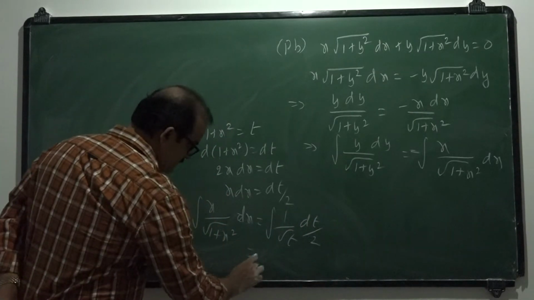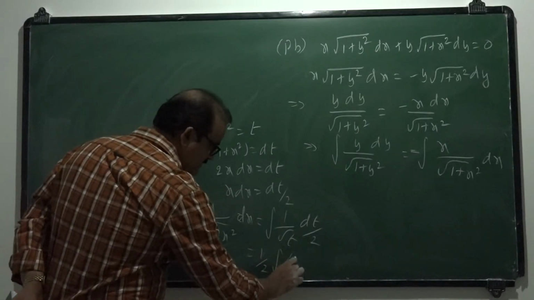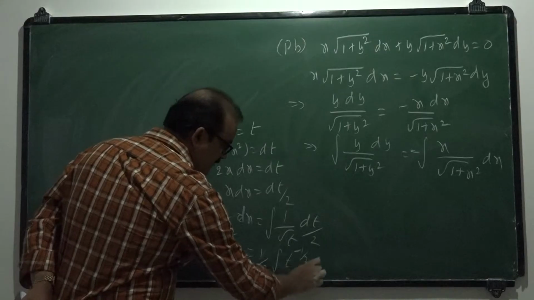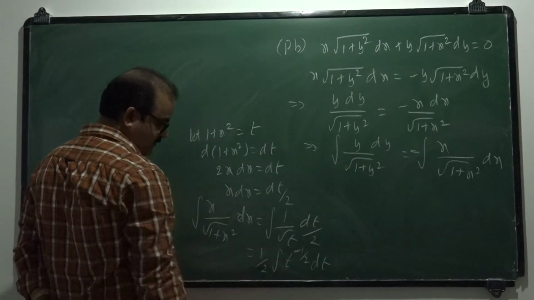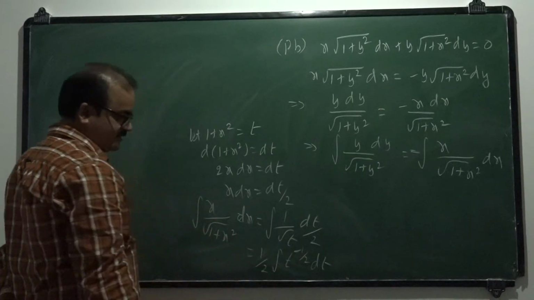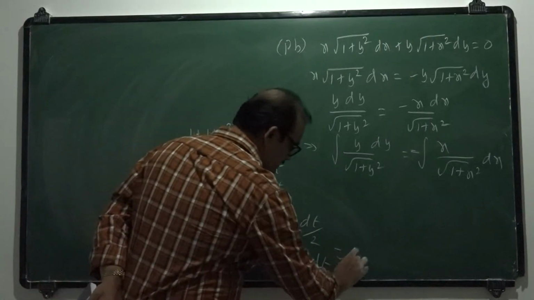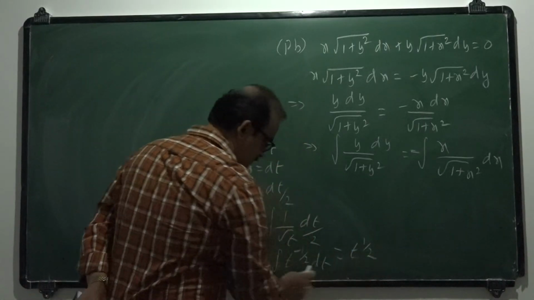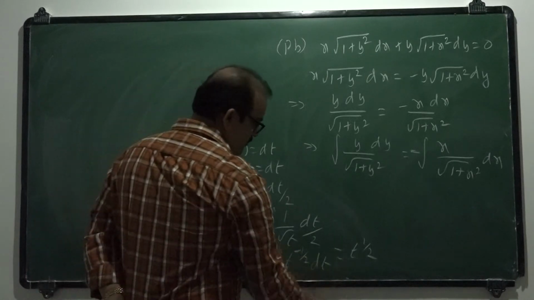Here 1 by 2 is constant, 1 by 2 into integral of, this is taken as t to the power of minus 1 by 2. It is in the form of integral x power n into dx, that is x power n plus 1 by n plus 1, that is t to the power of 1 by 2 by 1 by 2. 1 by 2, 1 by 2 cancel. T power 1 by 2.